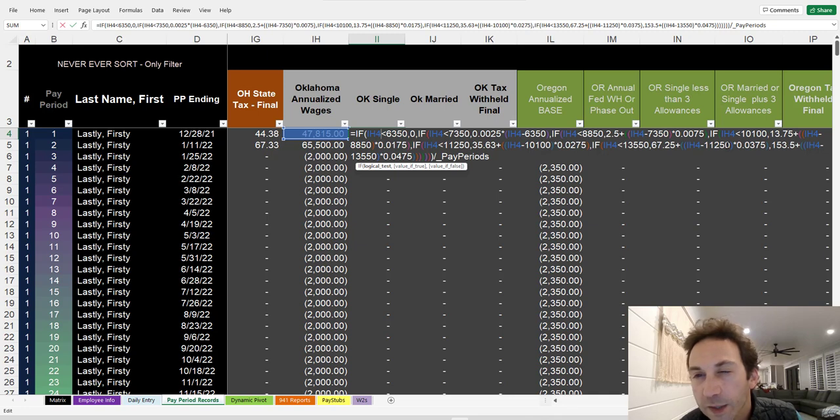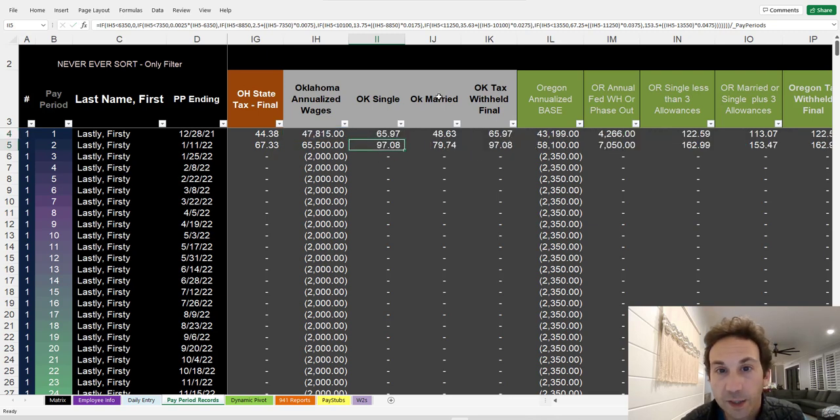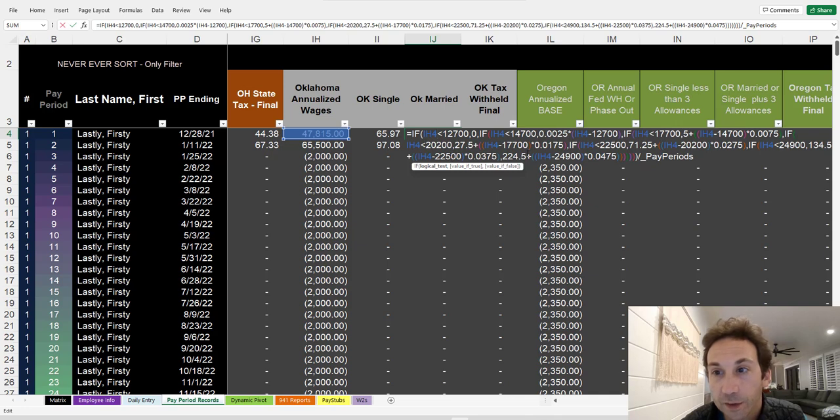It looks like a 0.25% reduction on most of the levels of income. So it is going to be slightly less expensive in terms of state tax withholding in Oklahoma this year compared to last year. And the same logic also applied to the married version of the same nested if formula, just different thresholds, amounts of money, tiers of money that get taxed, but the tax rates are effectively the same reduced tax rates for single and for married.